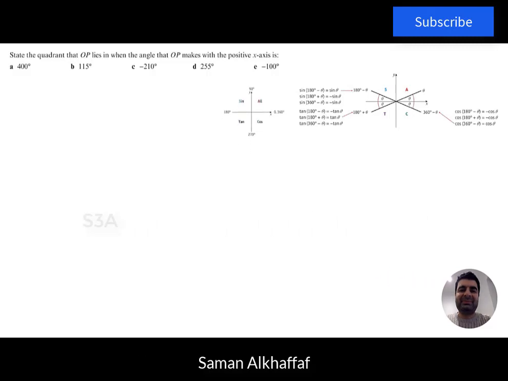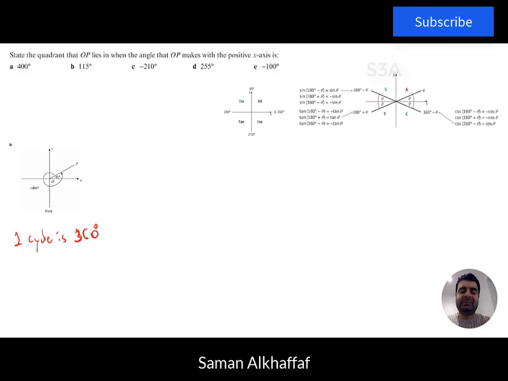So first we look at the angle of 400. The way we'll plot that, OP starts in the positive direction, so we will complete the first cycle. The way we can find the angle it creates with the x-axis is, we know that one cycle is 360 degrees.